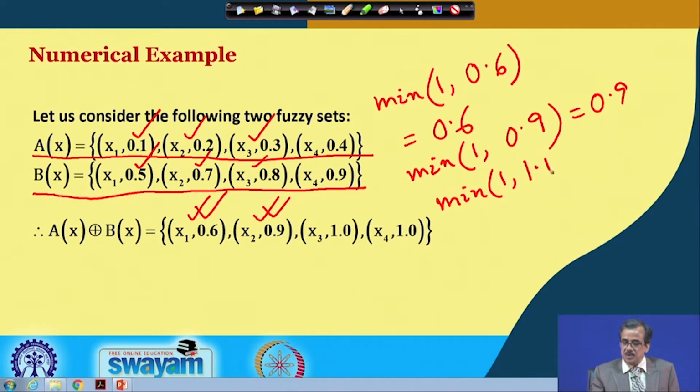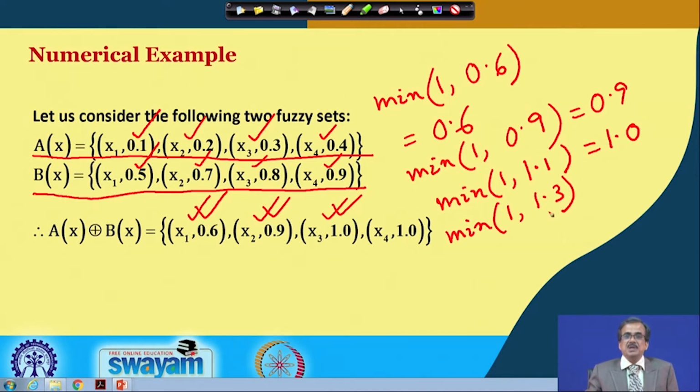This is 1.1 and the minimum is 1.0. So, here you write down 1.0. Similarly, for x4, it is the minimum between 1 and 0.4 plus 0.9, which is 1.3, and the minimum is 1.0. So, corresponding to x4, we write 1.0.